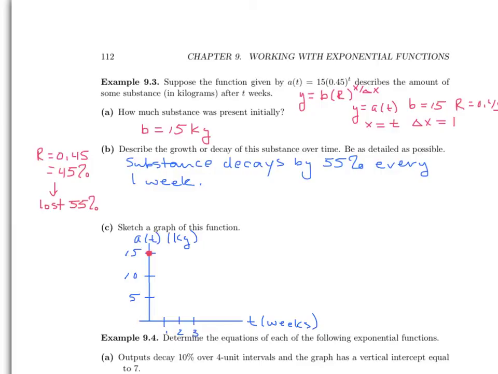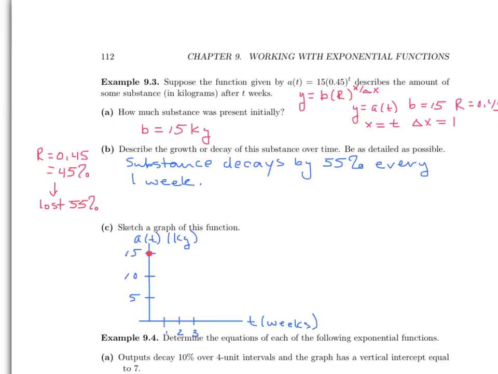Every week we lose 55%. In other words, after a week has passed, we're down to 45% of what we had initially. So, just to give you an example, if we started with 15 kilograms, then 1 week later we should have 45% of that 15 kilograms still remaining.